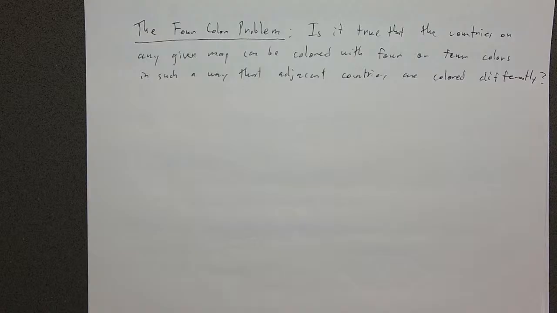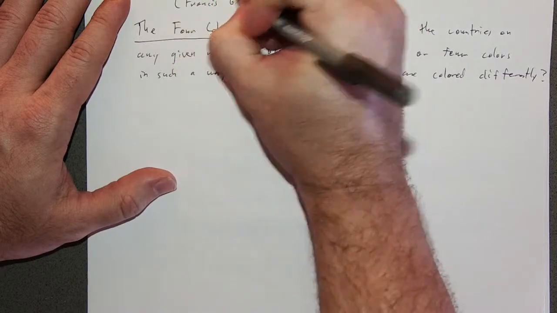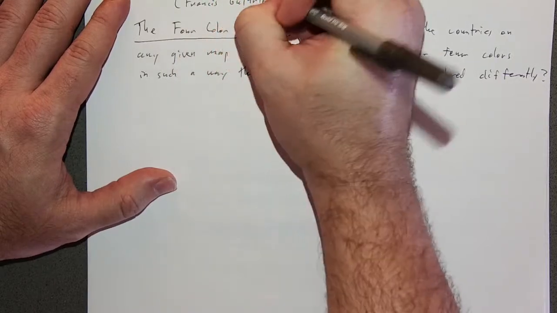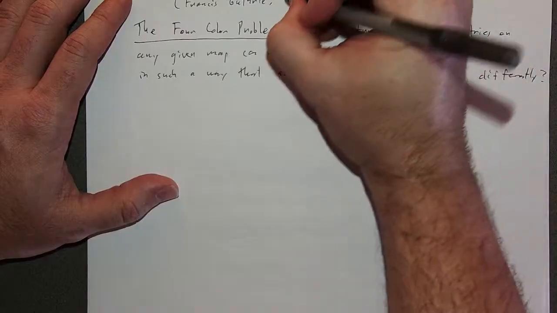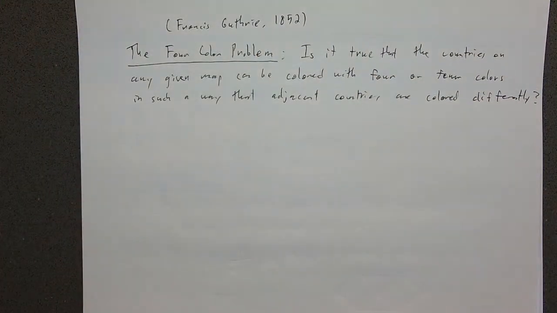It was noticed by a student of De Morgan. What's his name? Let's see if it's mentioned here. Francis Guthrie. So maybe we give credit for this problem originally to Francis Guthrie, who noticed in 1852 that for every map he looked at, this seemed to be the case.